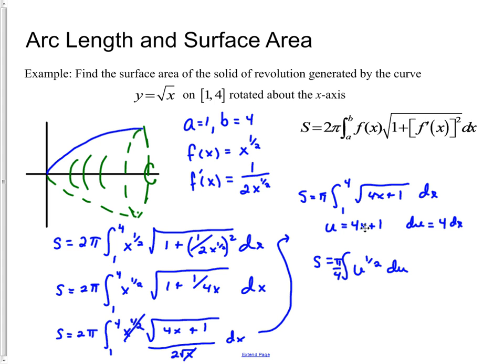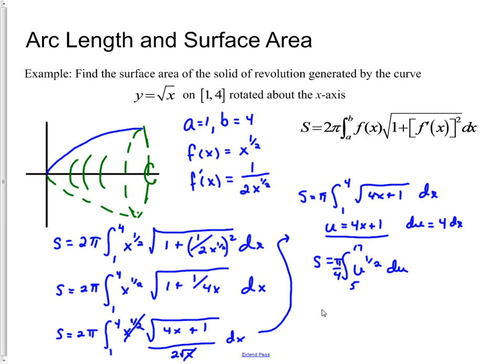And if we evaluate our endpoints for u at 1 to 4, u at 1 is going to be 4 plus 1, 5. U at 4 is going to be 4 times 4 plus 1, 17.